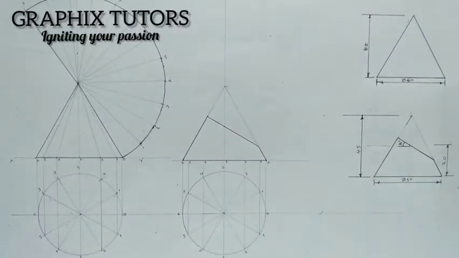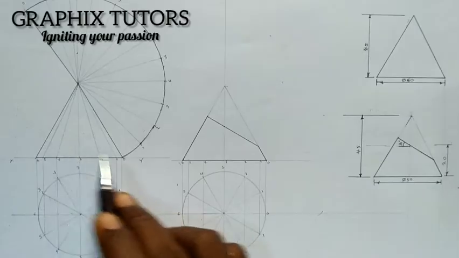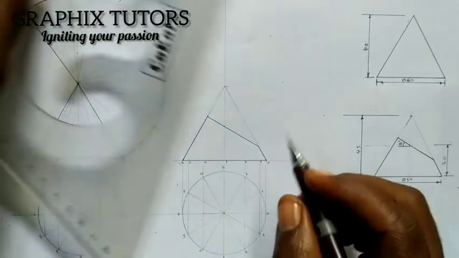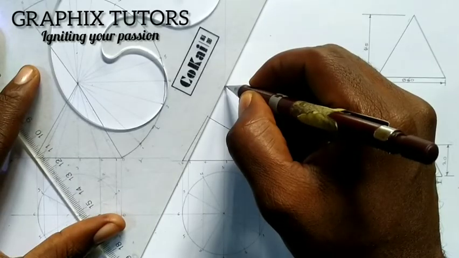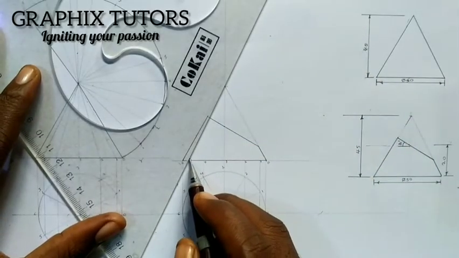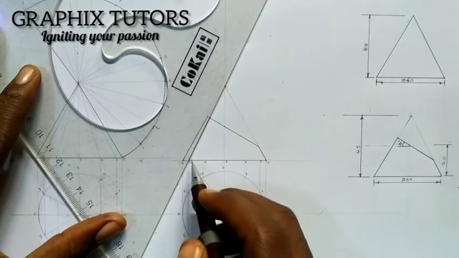Now follow the same principle. Now I'm going to move all these points just like what I did here. I'll move all these points towards the center, at this point to this point. But now I'm going to stop here. I'll be heading towards the center, but I'll stop here.